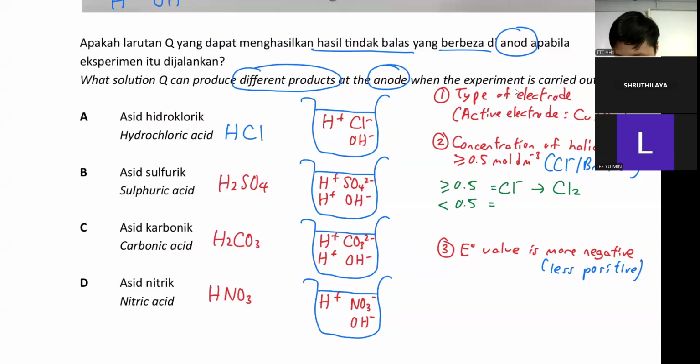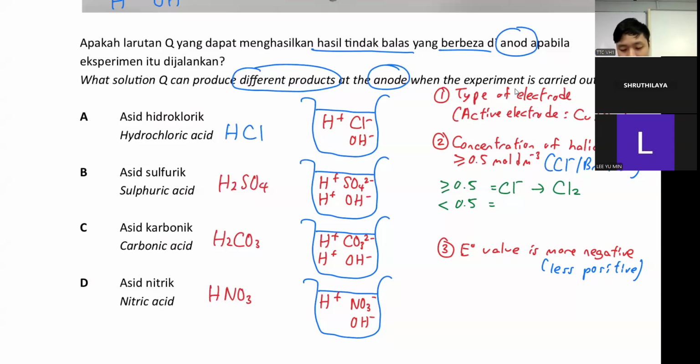Because OH minus is more negative, I would say less positive. Do you know what the E naught value is? I know you memorize the E naught value, but I try to find out the E naught value.